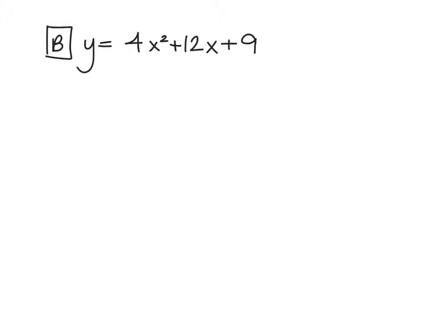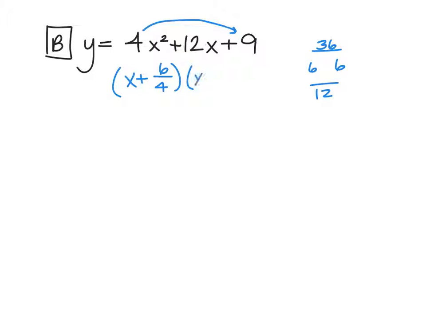All right, so in the second example, similar to what we did today, our GCF is not going to factor out of all of these, so we're going to have to move this 4 to the end. That's going to make us have 36 and 12. And we want two numbers that multiply to that, which is going to give me 6 and 6. So when I write my factors, I'm going to have x plus 6 over 4 and x plus, again, 6 over 4.